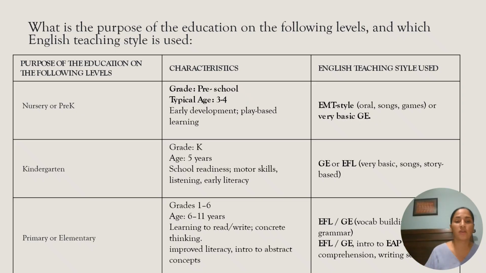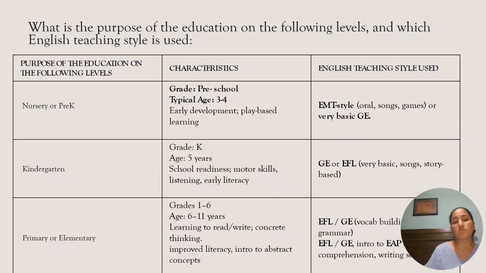Kindergarten, age 5 years old, the grade is K. They usually do school readiness, motor skills, listening, and the teaching style is general English and English as a foreign language. The primary or elementary is from 1st to 6th grade and ages 6 to 11. They're learning to read, write, concrete thinking, the first group.